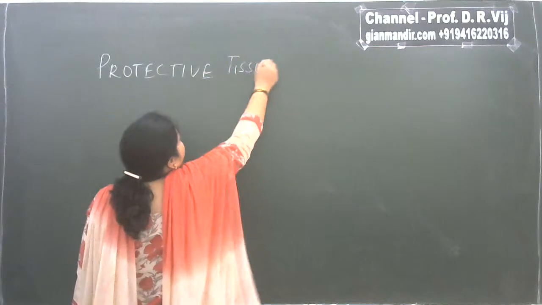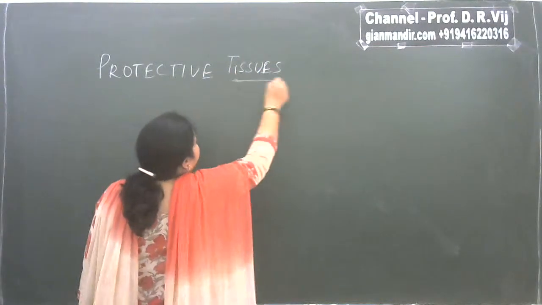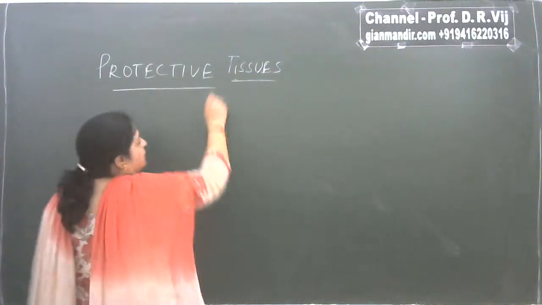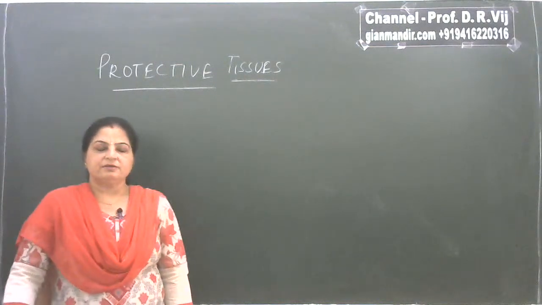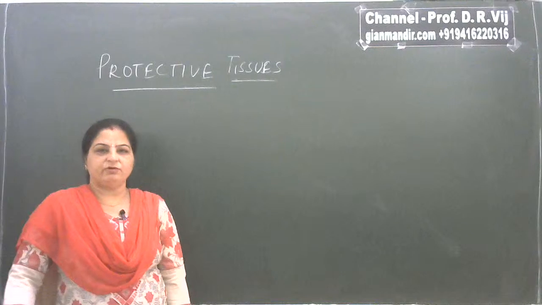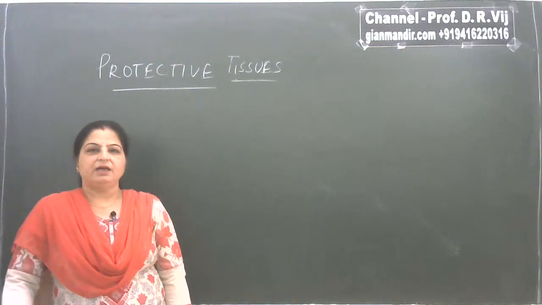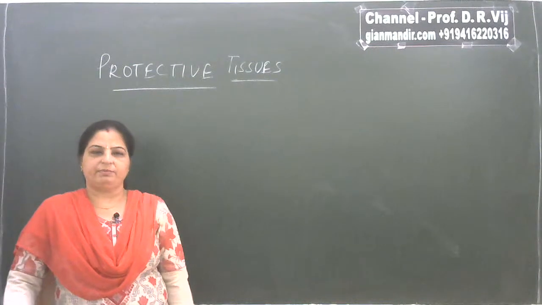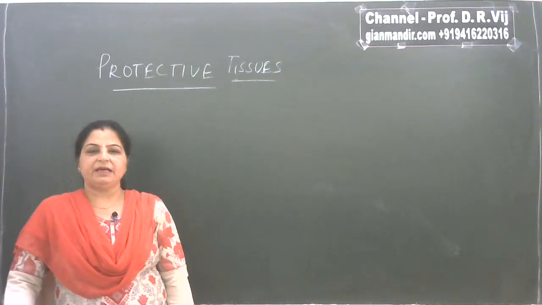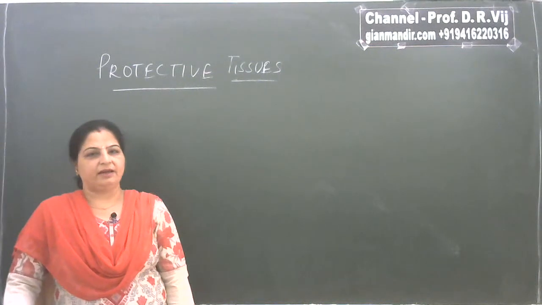Simple permanent tissues, which are made up of only one type of cells, are further categorized into two categories, supportive and protective. Supportive, of course, is the one that provides support to the plant, and in that case we have discussed the three types of supportive permanent tissues, that is parenchyma, collenchyma and sclerenchyma.